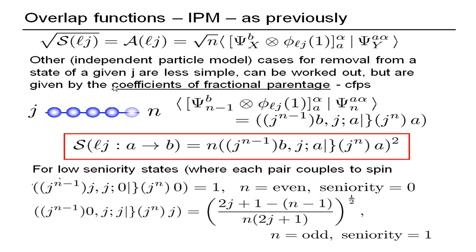It's a filled shell, so in our language from last time, it's seniority 0, everything is paired up to angular momentum 0, and it's an even number. The fractional parentage coefficient, when we had n particles in an orbit coupled to 0, and n was even, was 1.